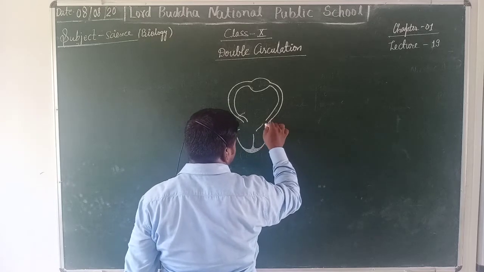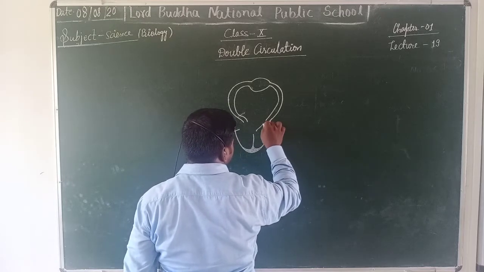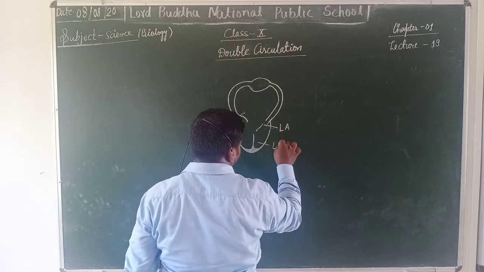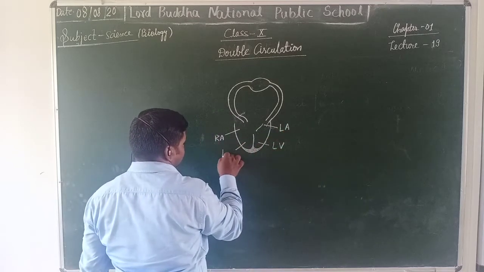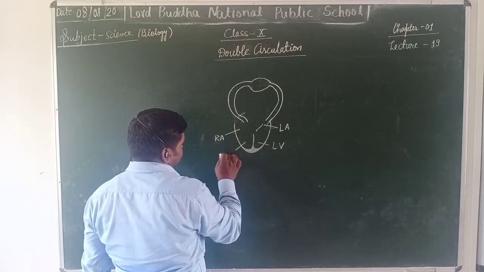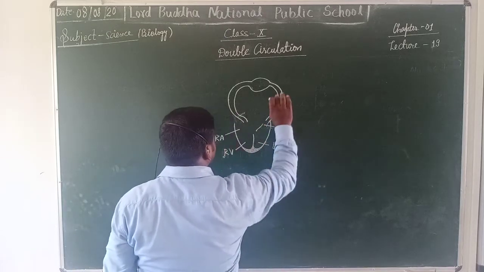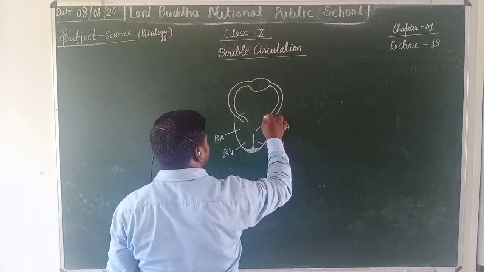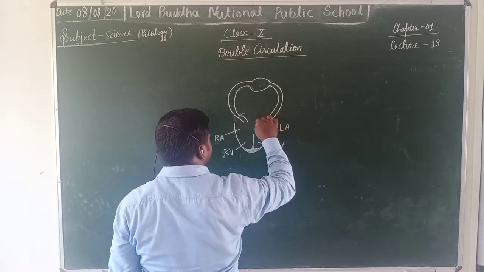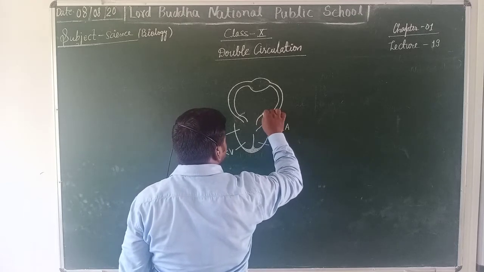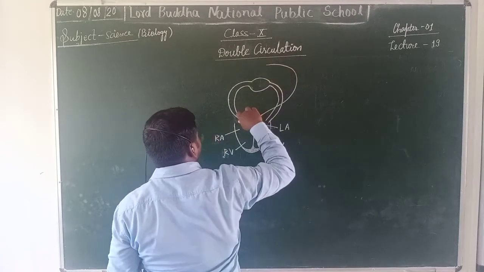And this portion is the left atrium, left ventricle and right ventricle. Now the blood from the right atrium is going firstly to the lungs.